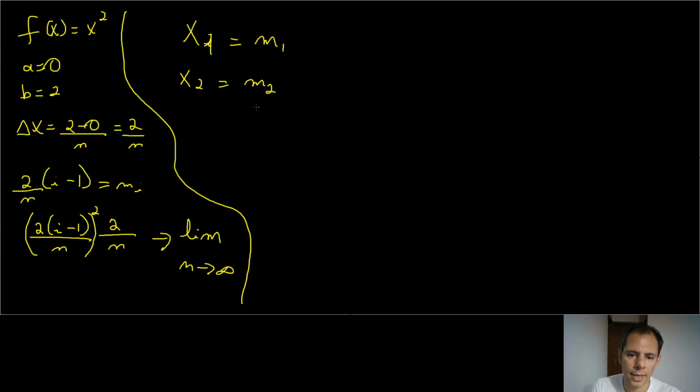Now what is m? It's a multiple of delta x. m equals delta x times some kind of integer: 1, 2, 3, 4. Now what is it going to be? In the left-hand point, it's going to be i minus 1. In the right-hand point, it's just going to be i. So this is going to be the value of x for a certain index i.